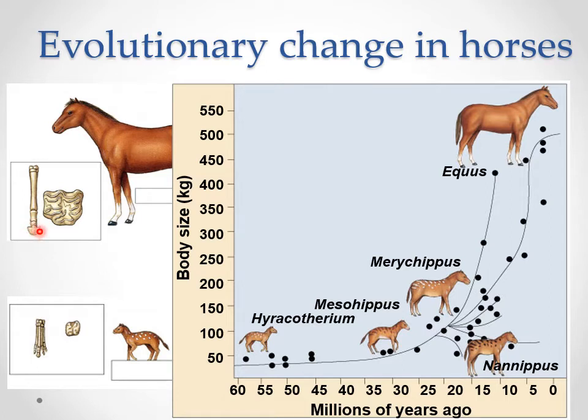And if you look at the horse, it walks unguligrade, which means it essentially walks on its nails. So right here, this tarsal bone, and then it has the nail that surrounds it. Over here, they were walking digitigrade, which means they walked on their toes.